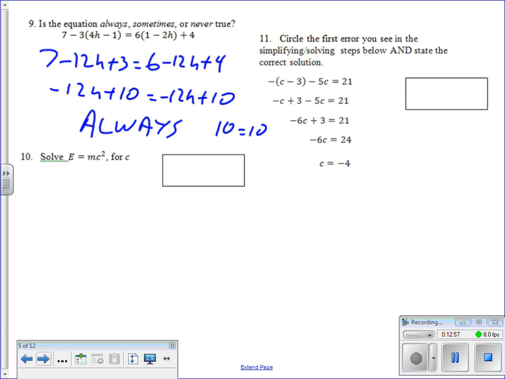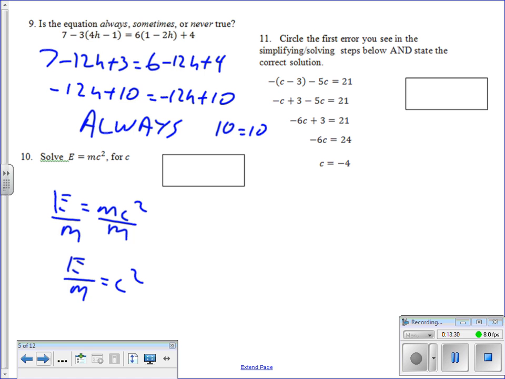Number 10, solve for E and imp. Actually, solve for c and imp. E equals mc squared. Solve for c. So first thing I need to do, E equals mc squared. I need to get c squared by itself first. So my first step is to divide both sides by m. So I get E over m equals c squared.